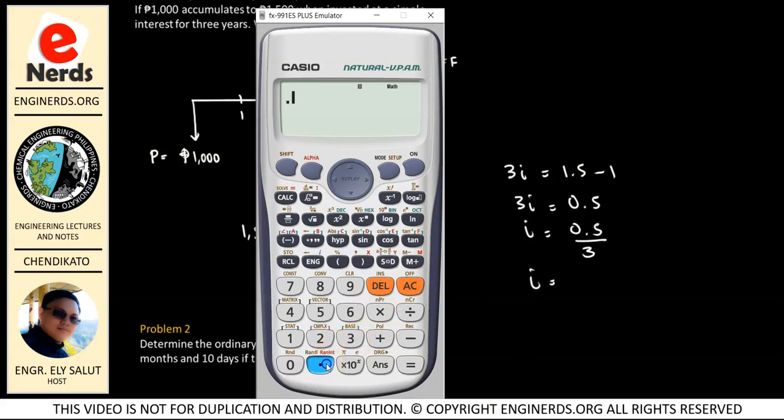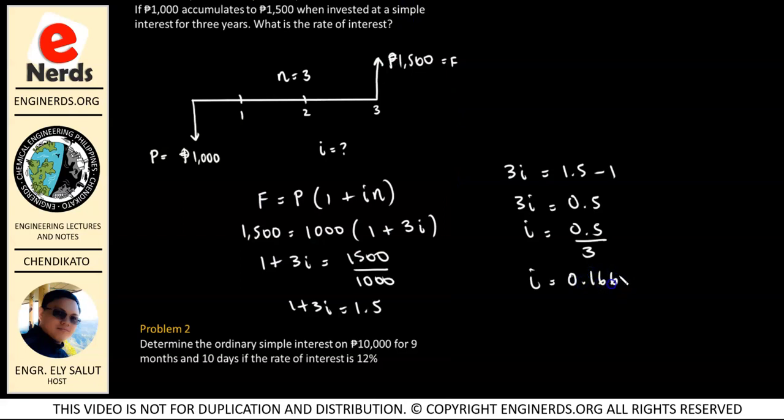So we have 0.5 divided by 3, we have 0.1667, okay? So to get our interest rate, we'll have to multiply this by 100. So therefore, our interest rate is equal to 16.67%. Okay, so this is our final answer for the first question.